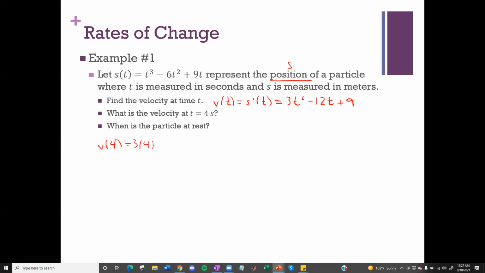So 3 times 4 squared minus 12 times 4 plus 9. So 3 times 16, 48. Is that just 9? Yep. All right.